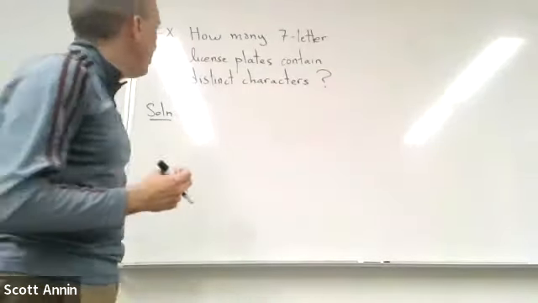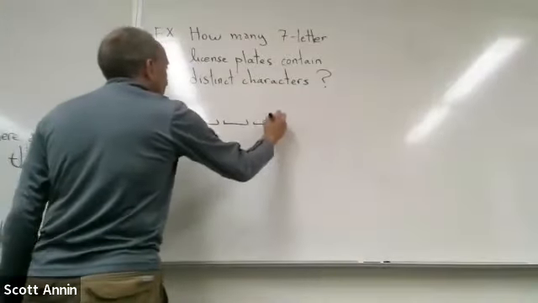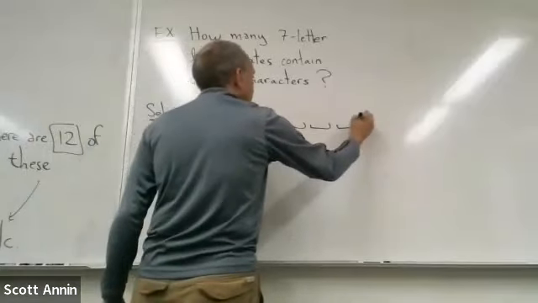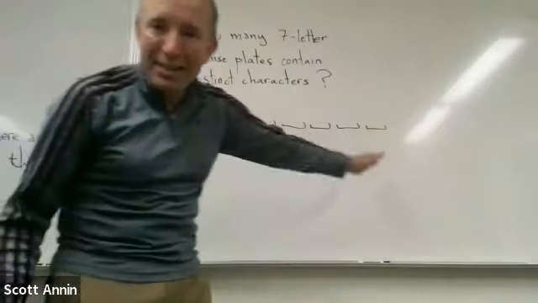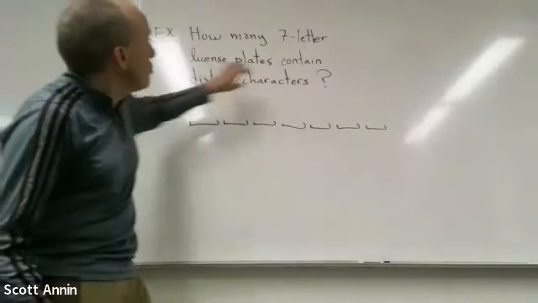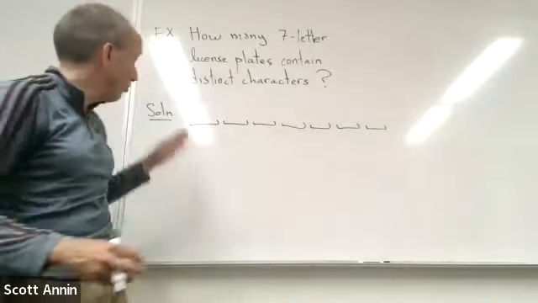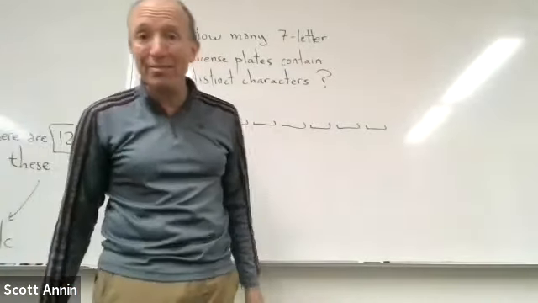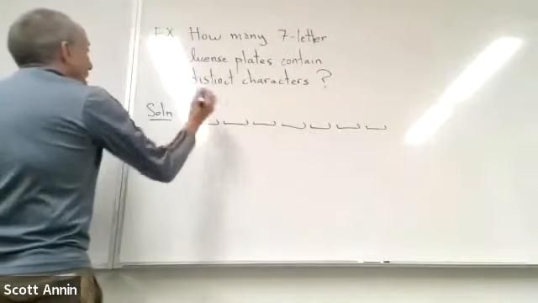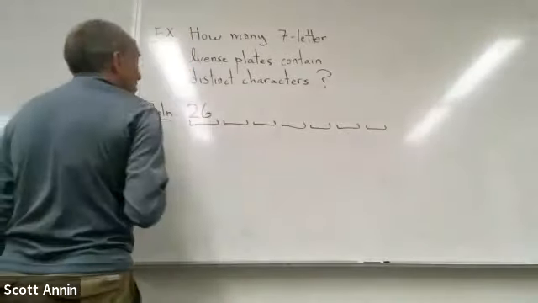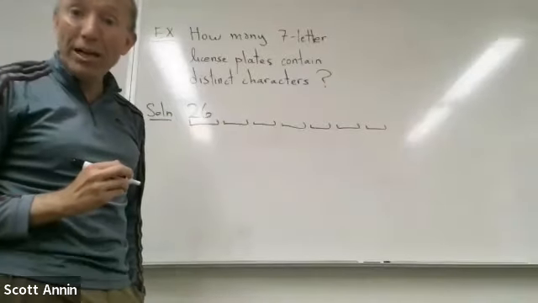And so I actually want to think of this as a multiplication principle again. I'm going to make 7 slots here. And that means I have 7 tasks that I'm going to do when I create one of these license plates. The tasks are to fill in the 7 slots. Now, in the first slot, I have 26 choices because I can put any letter in that slot that I want.